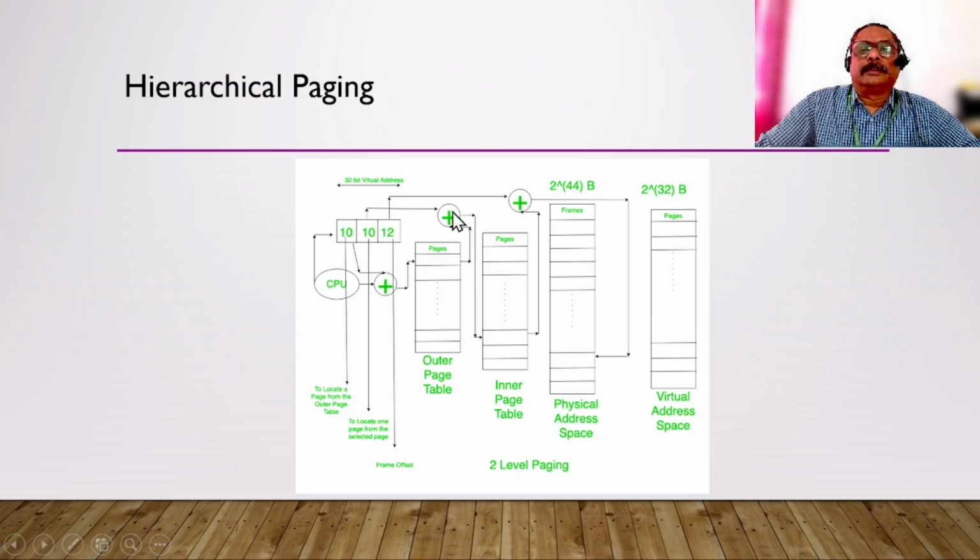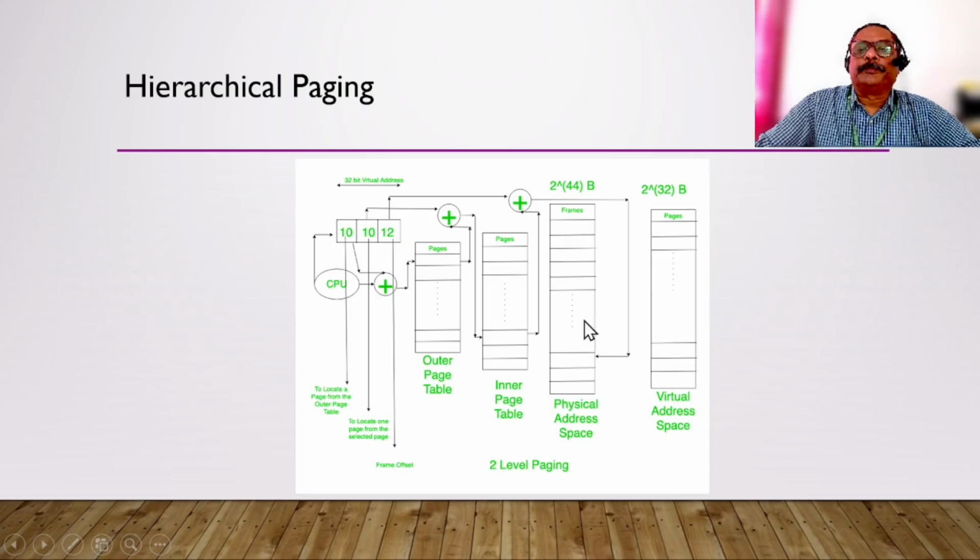To that, the index of the second page table is added, and there we come to the 10th location again, and this 10th location will say where exactly the frame is starting in the main memory, and to that the offset is added, and that will give the exact location in the main memory.